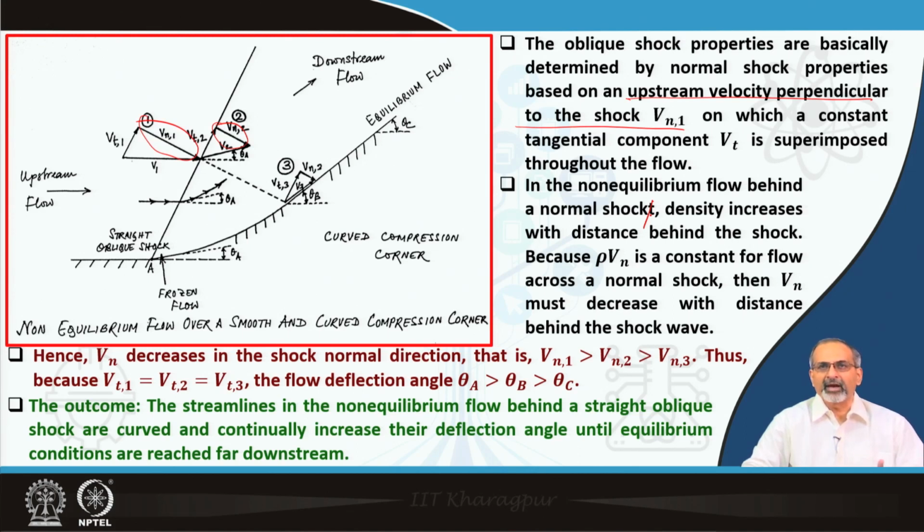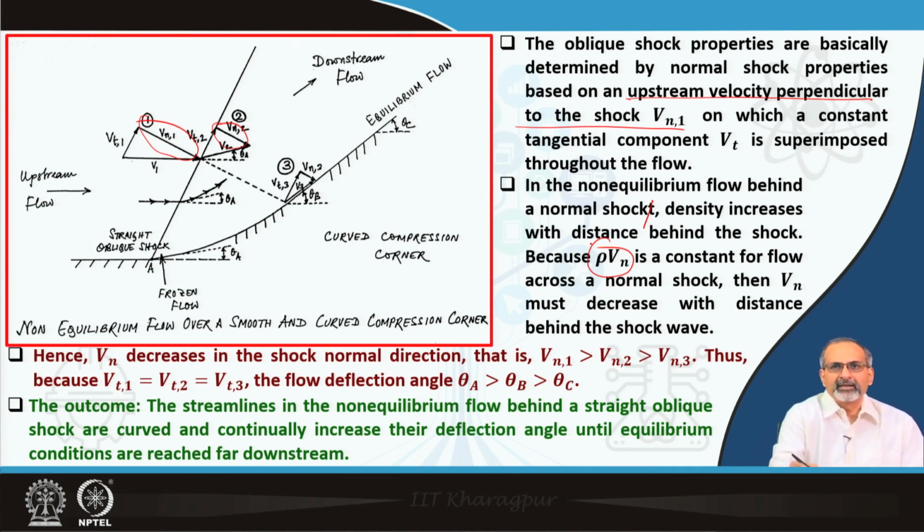The cooling of the gas is raising the density, while according to the continuity equation, the product of rho and the normal component of velocity remains constant, and therefore, V n must decrease with distance behind the shock wave to compensate for this density increase.